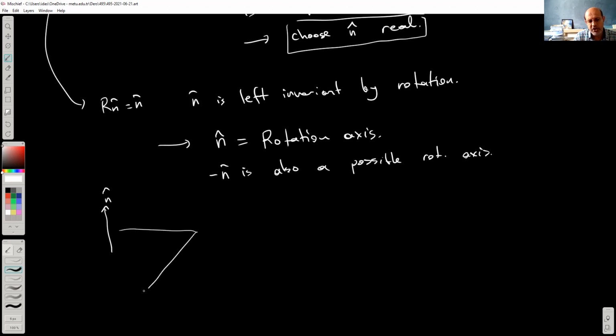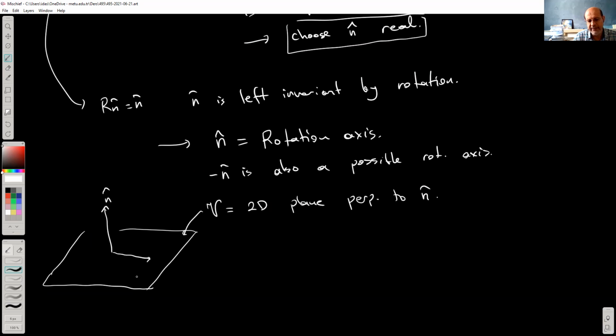There is a two-dimensional plane which is perpendicular to this rotation axis. Let's say V is the 2D plane perpendicular to n. If there is a vector v in that plane, then v is perpendicular to n.